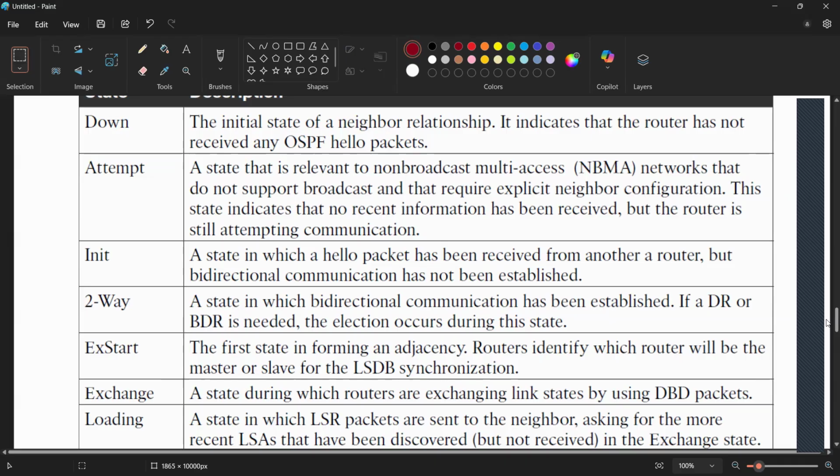In non-broadcast networks, your neighbors are not automatically discovered. You have to manually configure the neighbors. It's not like you configure OSPF, they will automatically discover the neighbors and exchange the routes. No, you have to manually configure it. Okay, so note it down.